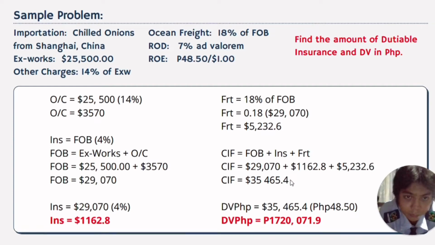Last ay sa freight kay 18% of FOB, freight 0.18. Ang FOB kay 29,070. I-times na nanduha ang 0.18 ug 29,070, ang freight kay 5,232.6. Sa CIF kay FOB plus insurance plus freight, 29,070 plus insurance nga 1,162.8 plus freight nga 5,232.6.